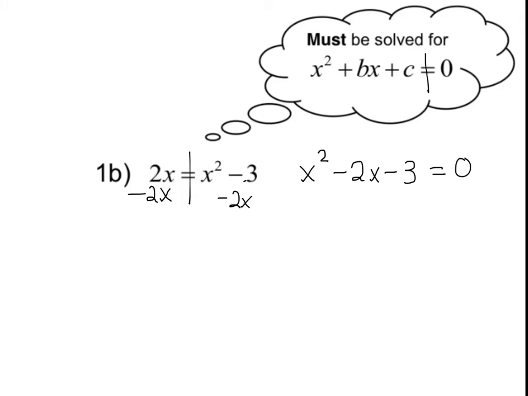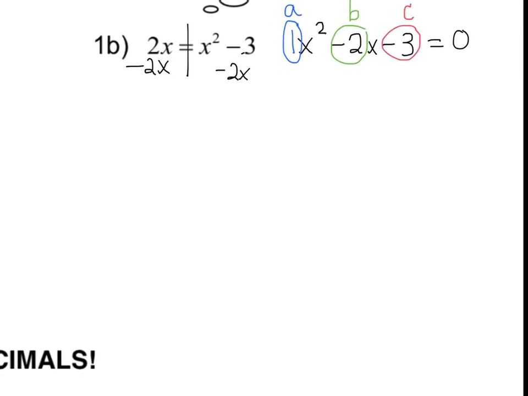And I'm going to go ahead and label A, B, and C. So A is 1, it's right here. B is -2, and C is -3. So I'm going to plug those into the formula.